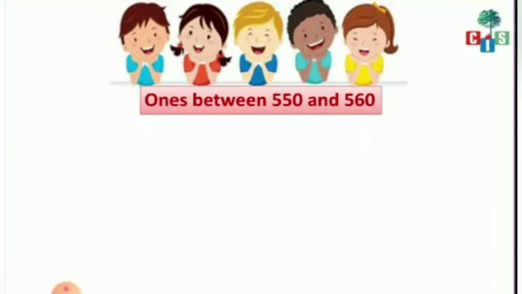Ones between 550 and 560. So let's start. The first number is 550. What comes after 550? You can also think what comes after 50. That's correct. 551. Repeat after the teacher. Then 552.